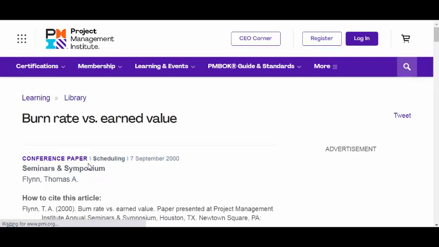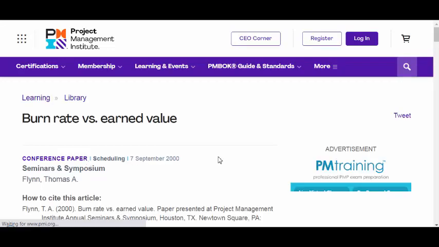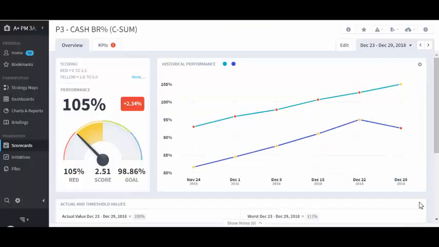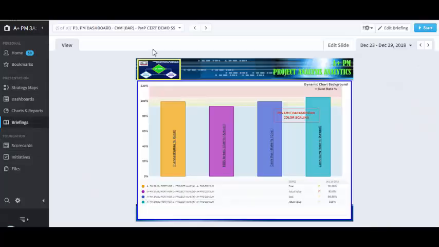You have to come to our training so that we can explain our logic to you associated with that. In some cases, we deviate from the concepts that are considered to be maybe commonly used, etc. So let's go back to our cash burn rate diagram, our KPI metric here, and let's go back to the briefing book so that we can continue the demonstration.